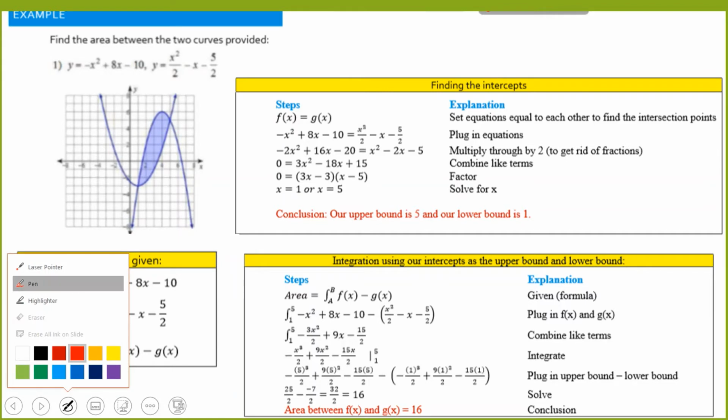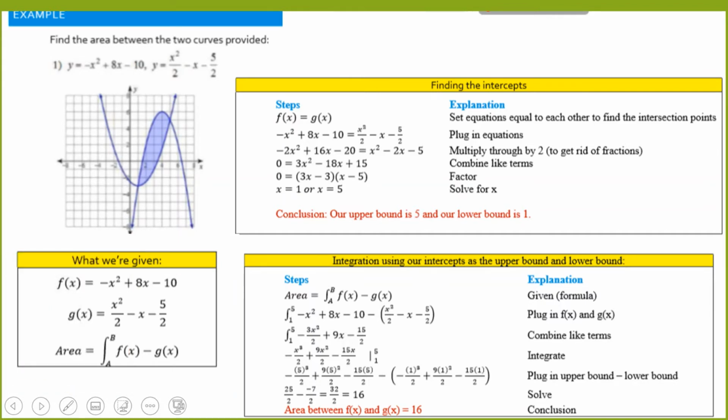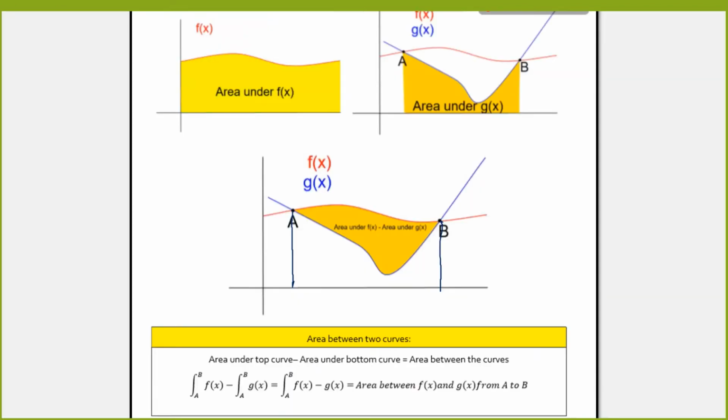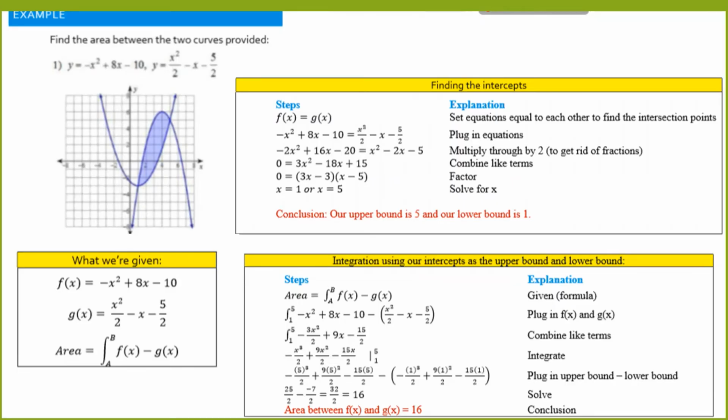So that negative x squared is my clue that the function that's on top is this equation. My parabola opening up is my x squared over 2 leading function. So that will be my g of x or my bottom function. So this is top and bottom.